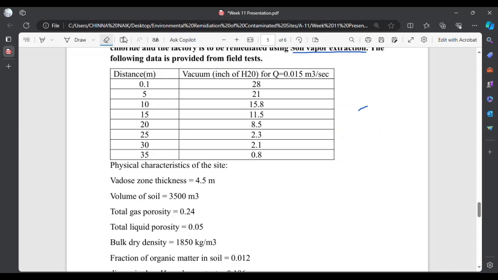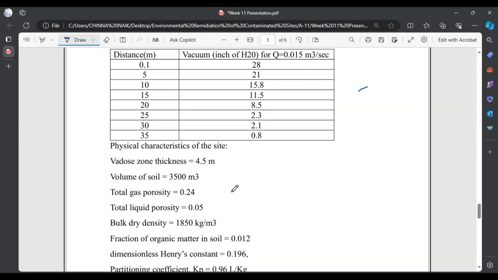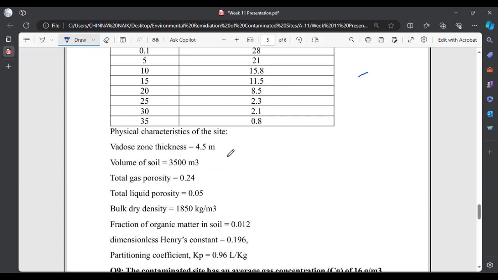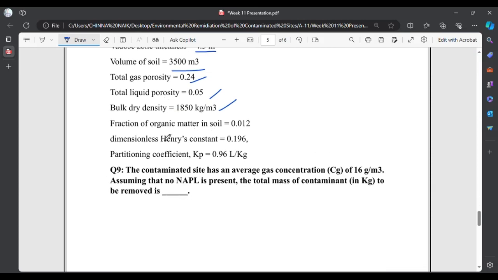They gave physical characteristics such as vadose zone thickness. The vadose zone is nothing but the unsaturated zone. If it is fully saturated, there is no air, so it is very difficult to supply air. The unsaturated zone thickness is 4.5 meters, along with the volume of soil, gas porosity, liquid porosity, bulk density, fraction of organic matter, dimensionless Henry's constant, and partition coefficient, that is 0.96 liter per kg.